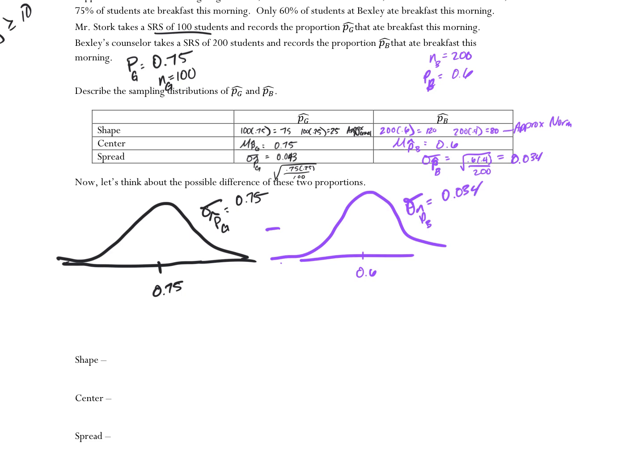Now, let's say I randomly draw my samples, yeah? My Grandview percentage is right here and my Bexley percentage is right here. Is it reasonable that this could be my sample for Grandview and this could be my sample for Bexley? Are those reasonable samples? Is everybody good?